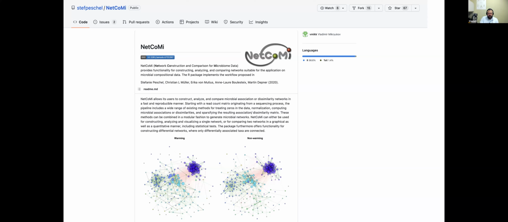Node degree is one that I mentioned, but there's betweenness, there's centrality methods, there's methods where you look for hub importance, all kinds of different stuff that you can calculate for structural qualities of the network, and then it allows you to do statistical testing between different networks. So for example, here on their GitHub page, they have 2 networks constructed from 2 different groups, a warming group and a non-warming group, and then you can run various statistical tests to see if the networks of associations are different between the 2 groups.